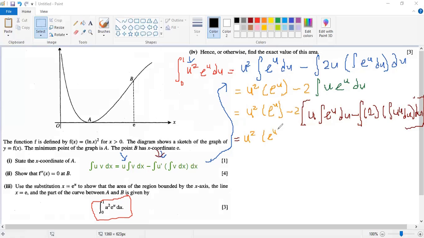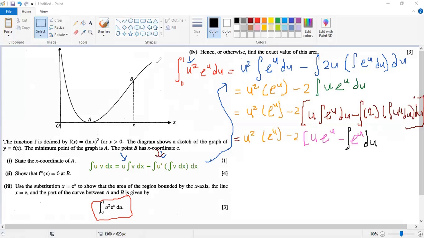So e squared, e to the power of u minus 2. This whole thing becomes e to the power of u minus e to the power of u. Sorry, forgot something. There's an integration on that. That means one last integration on that, du.